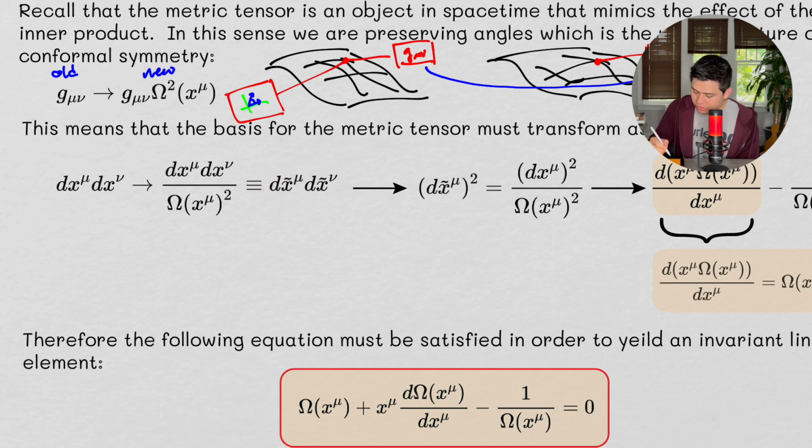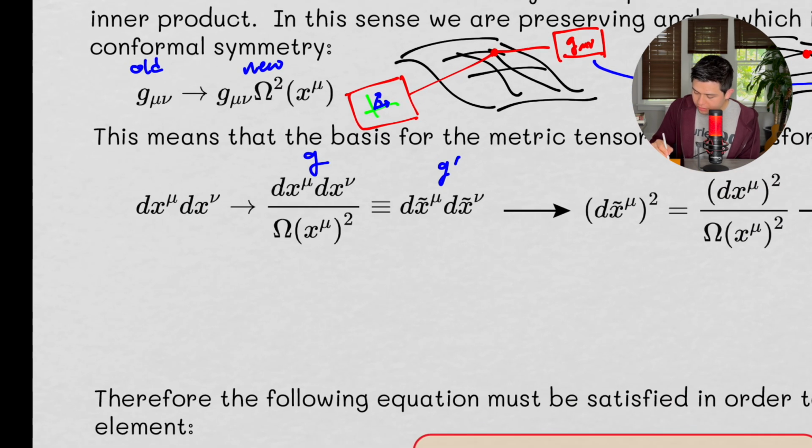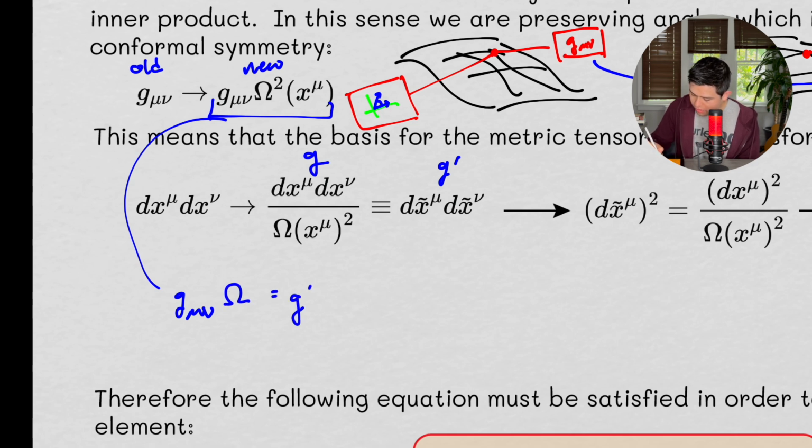So on this side we have G, on this side we have G prime, okay? And we can see here, just really quick, G mu nu over omega is equal to G prime mu nu.